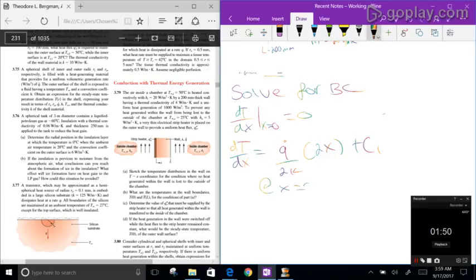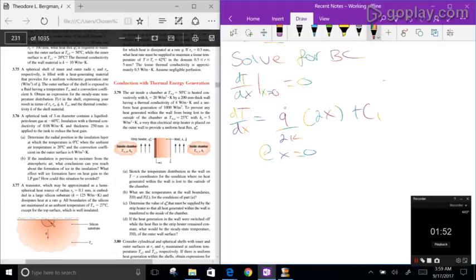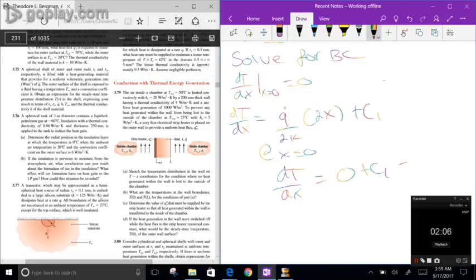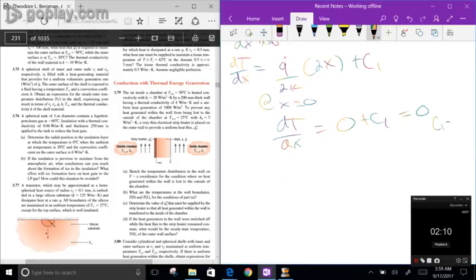At x equals 0, we get the temperature gradient dT/dx will be 0 plus C1, and this must be equal to 0, which implies that C1 is equal to 0. So our new equation becomes q dot over 2k x squared plus C2.